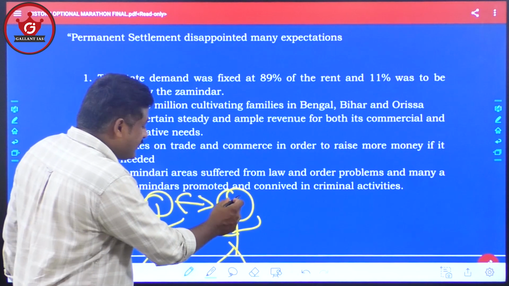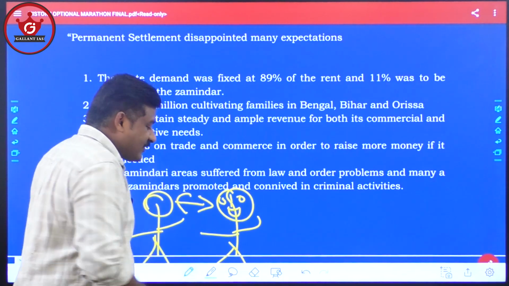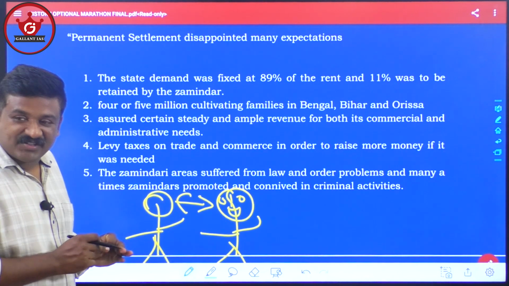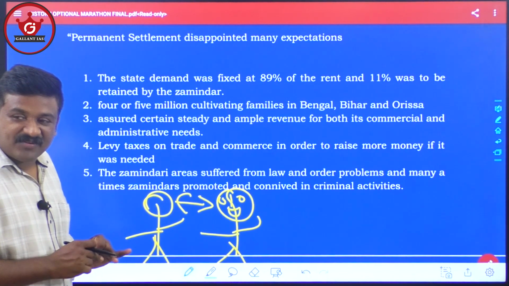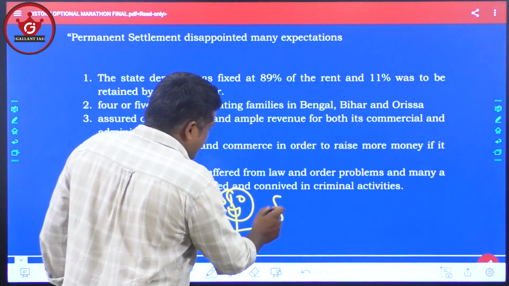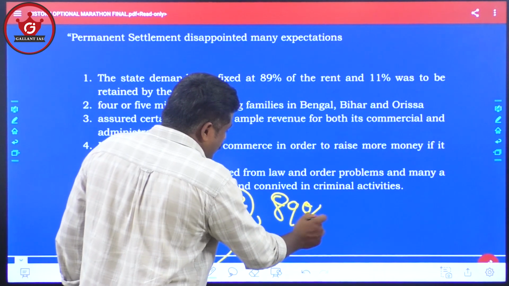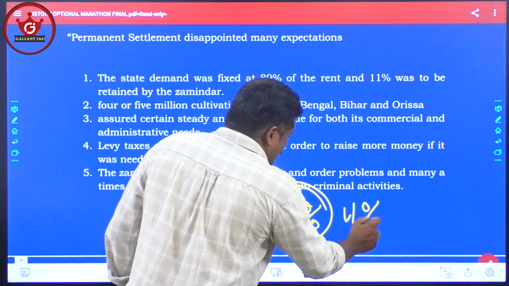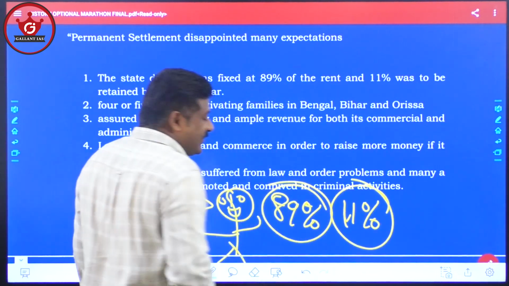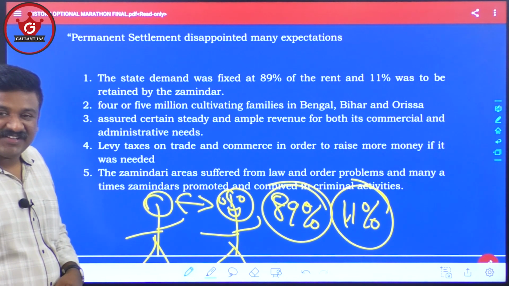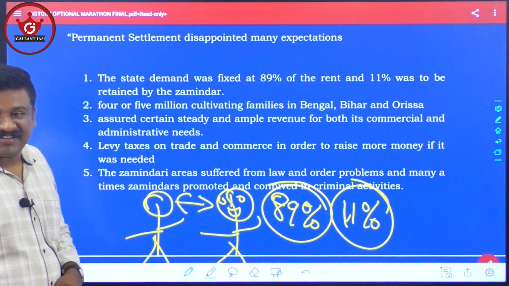Now the Zamindar is the owner of the land, revenue collector. He can collect from the farmers, pay fixed income to British, rest can be kept with him. If it is 89 percentage is the revenue that goes to the government and 11 percentage that goes to Zamindar. If any surplus, that also goes to Zamindar.